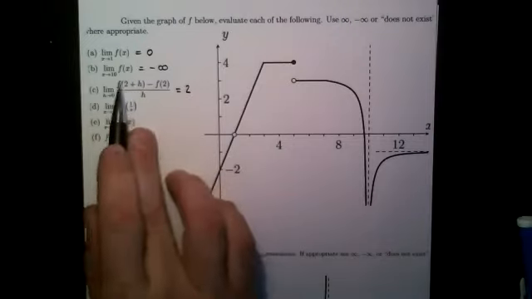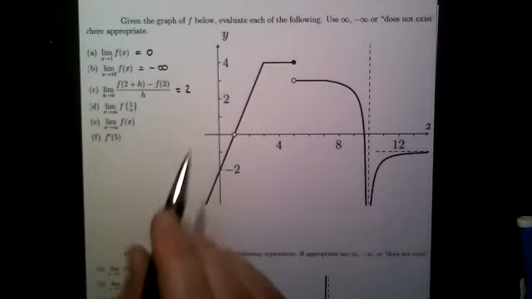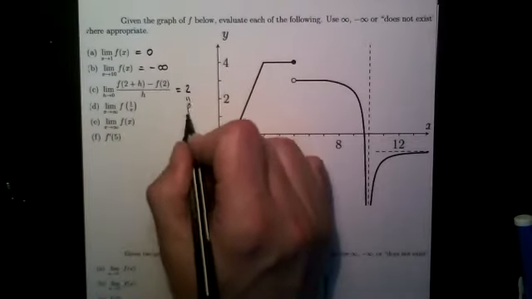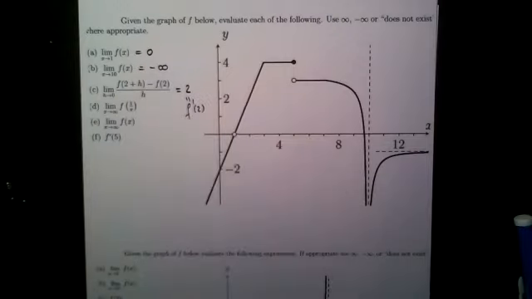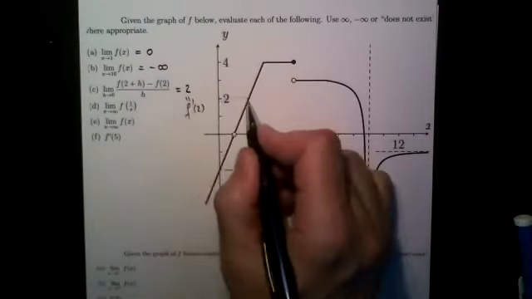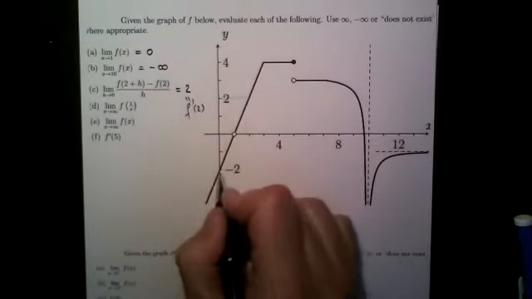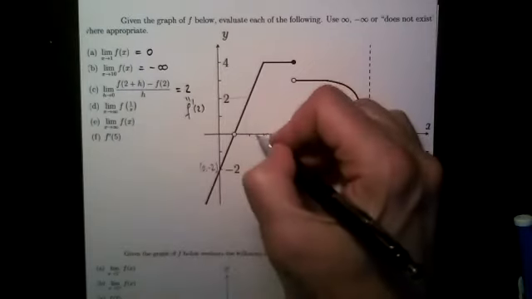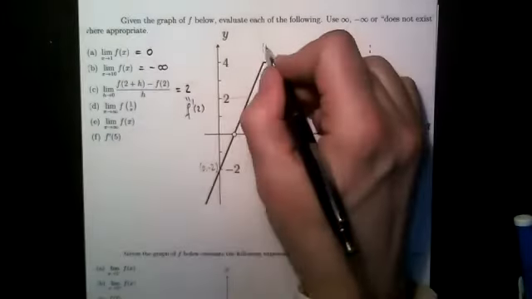So this is basically the slope at 2, or if you prefer, we could write this as f prime of 2. It's the slope here, between the point 0, -2 and this point.